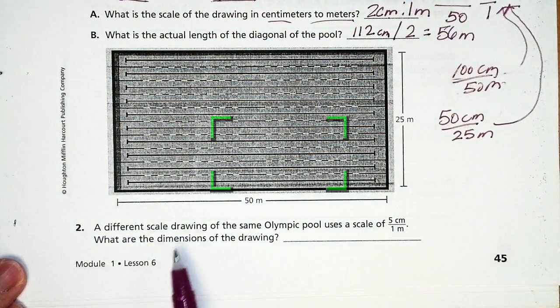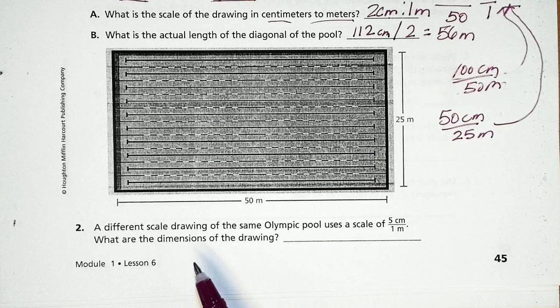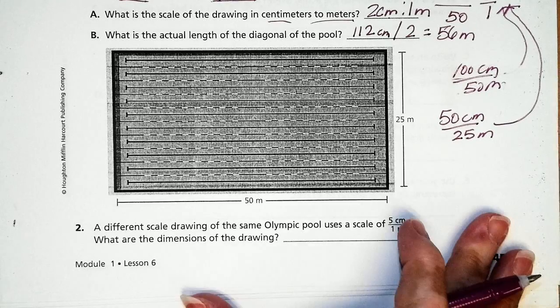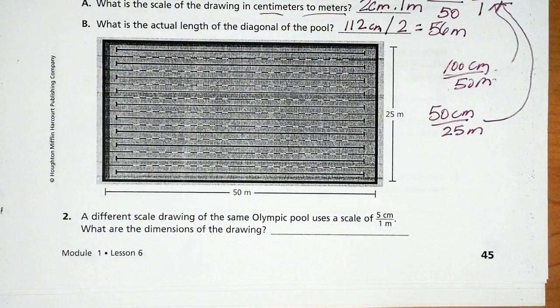So 2 to 1. Number 2 says, a different scale drawing of the same Olympic pool uses a scale of 5 to 1. What are the dimensions of the drawing? So this is, hold on, I've got to correct this. So 100 centimeters to 50 meters, and 50 centimeters to 25 meters. Okay, so anybody have any idea what we would do here?